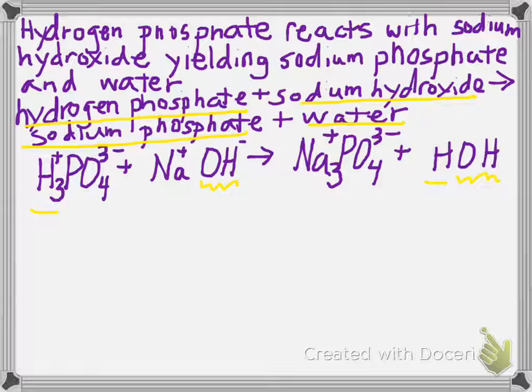As I start to think about balancing this, right here I have 3 hydrogens, and here I only have 1. So how do I make them equal? A coefficient of 3. Here I have 1 phosphate, and here I have 1 phosphate, so that's balanced.